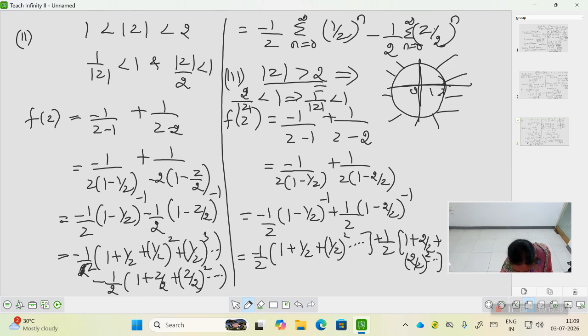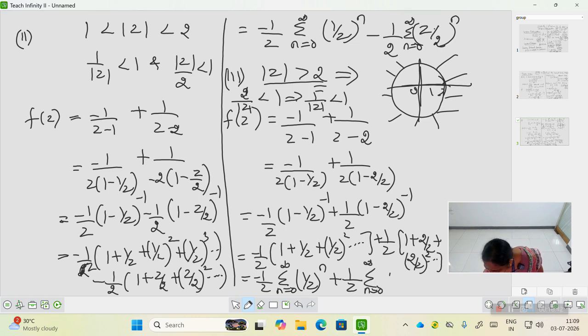It is equal to minus 1 by z summation n equal to 0 to infinity 1 by z the whole power n, plus 1 by z summation n equal to 0 to infinity 2 by z the whole power n. Here the problem ends, so I think I'll conclude now. Thank you.